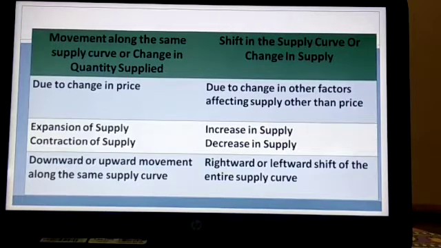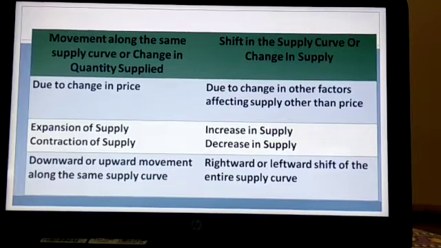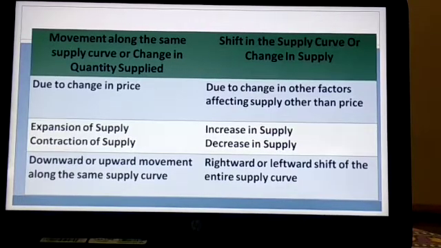Movement happens due to change in only and only price, and shift happens due to change in other factors. Other factors affecting supply other than the price, that is transport and communication, natural factors, taxes, subsidies, whatever we have studied till now.